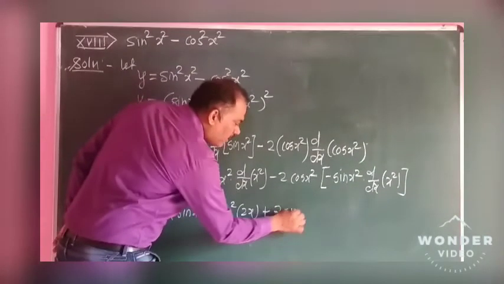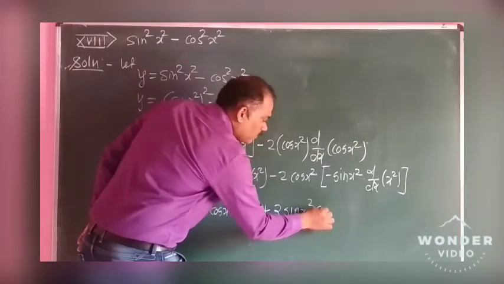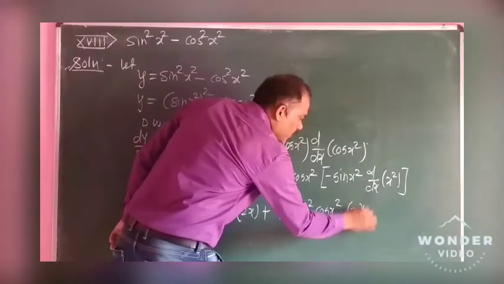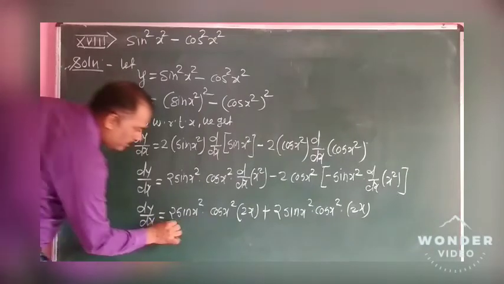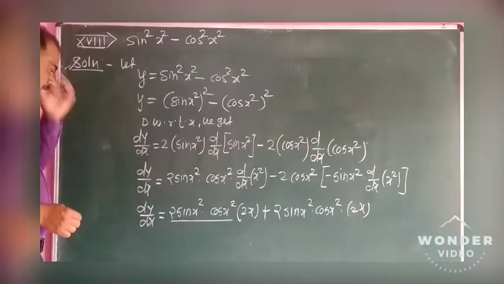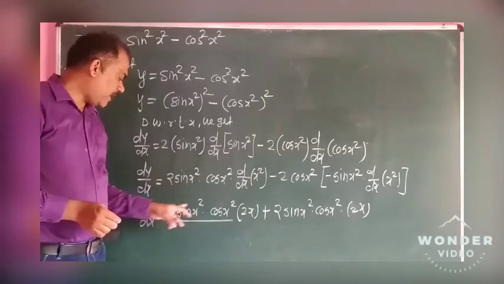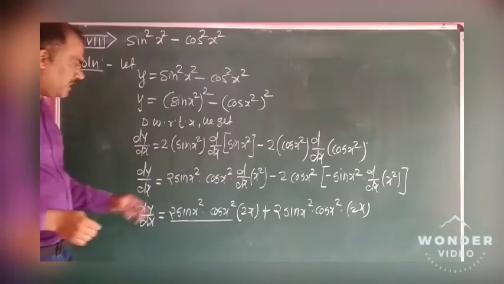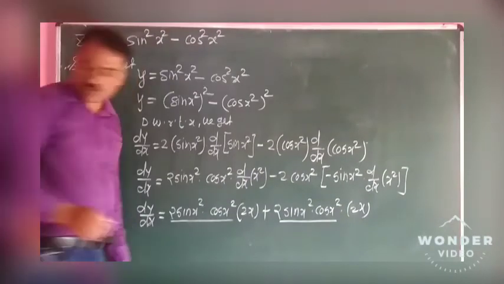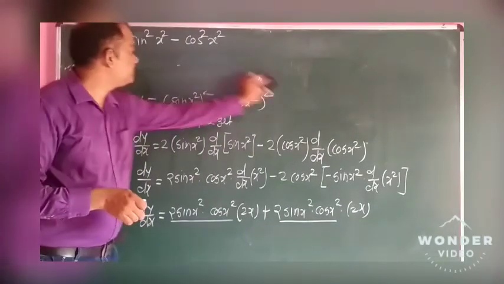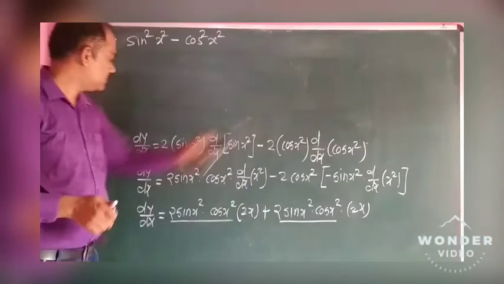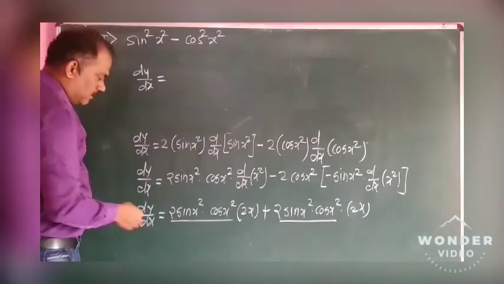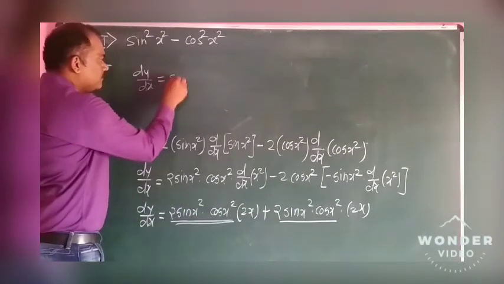2 into sin of x square into cos of x square into d dx of x square is nothing but the 2x. Okay, now we have to know the formula. 2 times sin theta into cos theta. Instead of theta, here x square is there. So by using the formula, 2 times sin theta into cos theta is nothing but sin 2 theta, we can use it here. Similarly, we can use it here also. So we can write dy by dx is equal to, for this we can write sin of 2 theta.